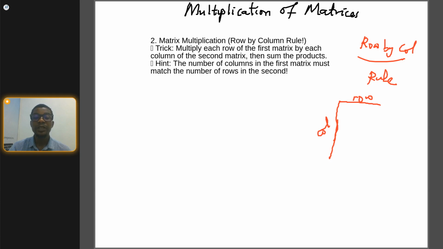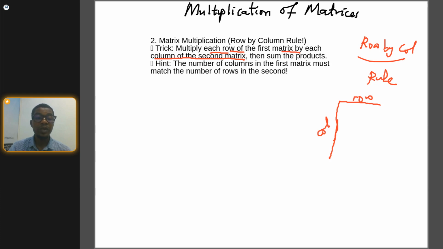The trick says multiply each row of the first matrix by each column of the second matrix, then take the sum of the products. Hint: the number of columns in the first matrix must match the number of rows in the second matrix.